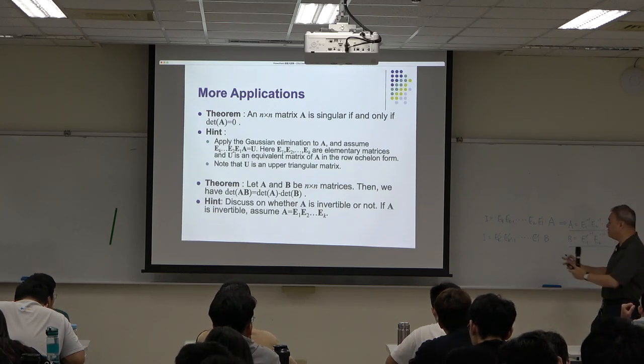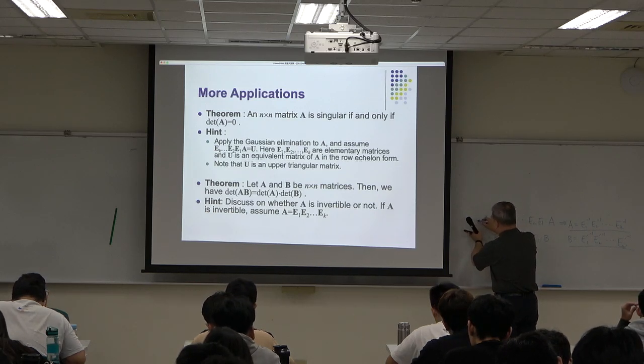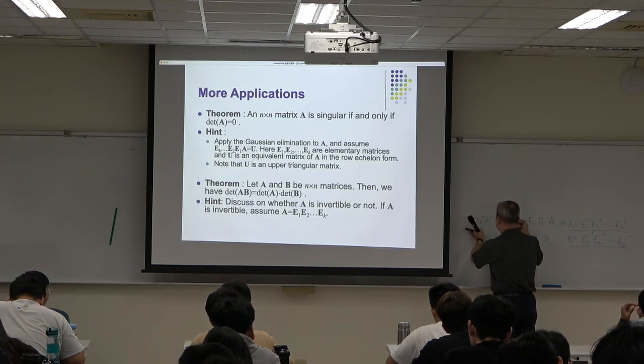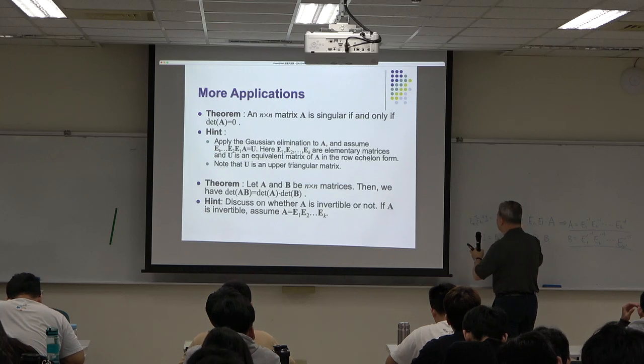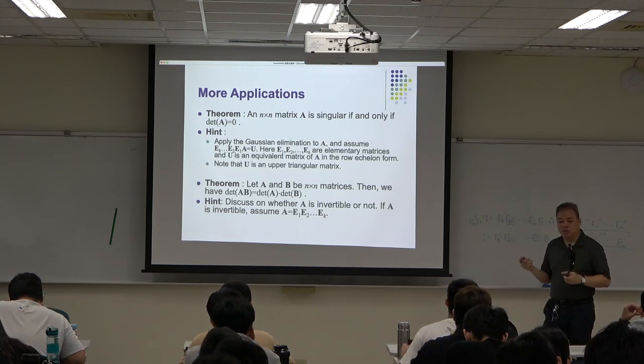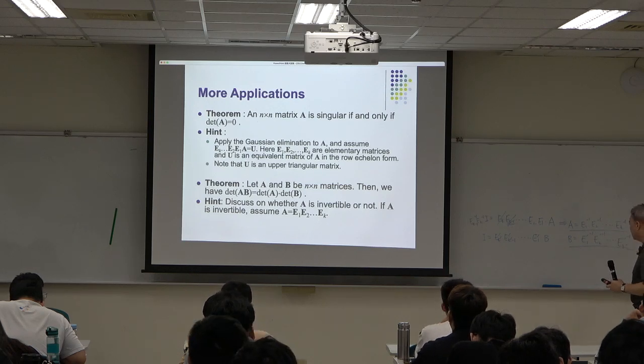Basically you just multiply by the inverse of EK. You get rid of this, and this one becomes EK minus 1. And you multiply by EK minus 1 inverse on the left-hand side, so you get rid of this, and so on. So eventually A equals this one, B equals this one.